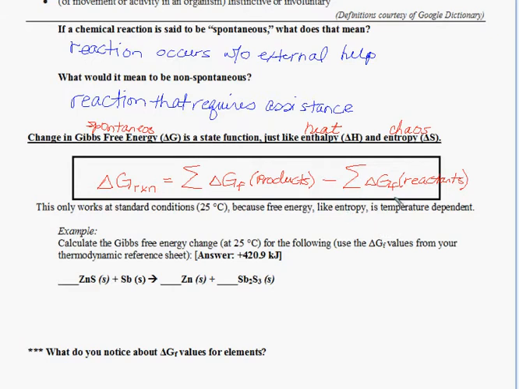First off, the benefit is that it's the exact same format of equation as enthalpy and entropy has. The downfall is that really this equation is meant to be at 25 degrees Celsius, so what we would consider lab temperature or standard conditions or room temperature. Because of that, you're really only going to be able to use this equation for that one particular temperature.